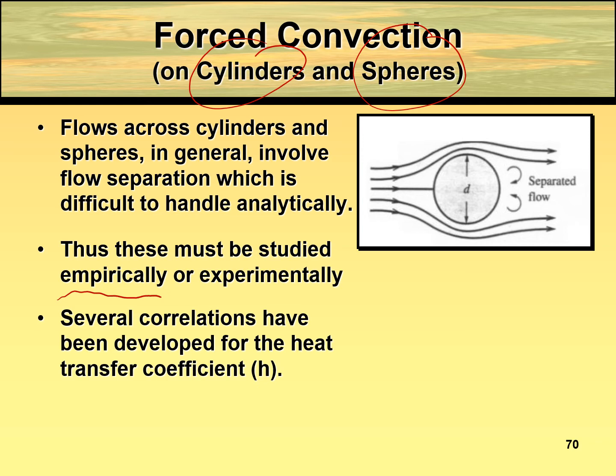Okay, what kind of parameters? We're going to see later on. They have conducted several experiments, and these experiments have produced correlations that relate the heat transfer coefficient h with the parameters.